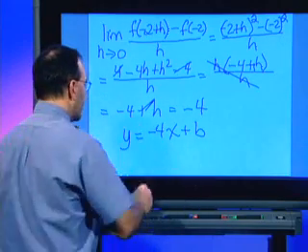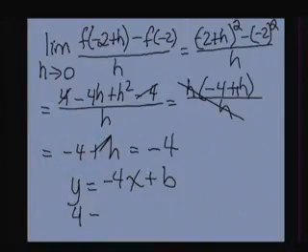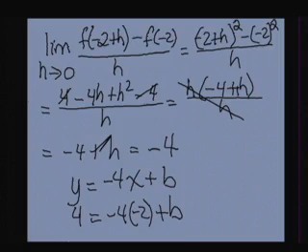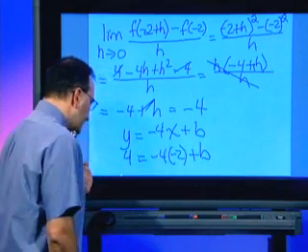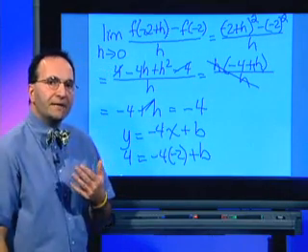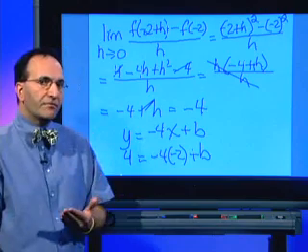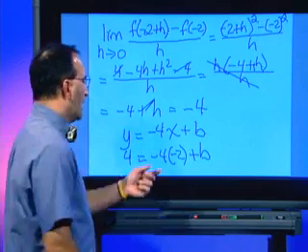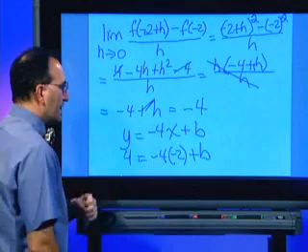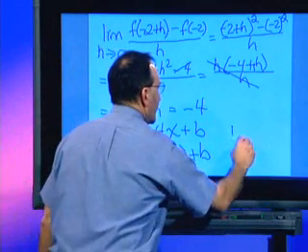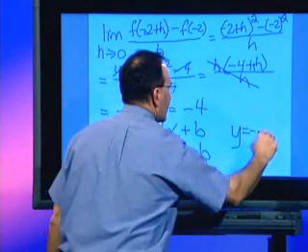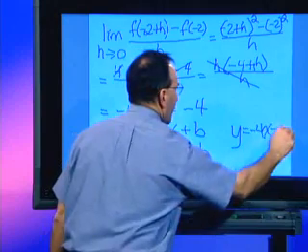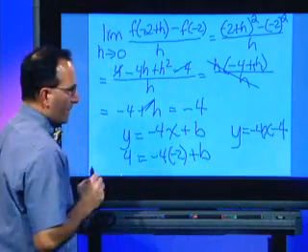So we can plug that in. 4 equals -4 times -2 plus b. That will give us an answer of b is equal to -4, so that I can substitute in, and our equation for the tangent is y equals -4x minus 4.